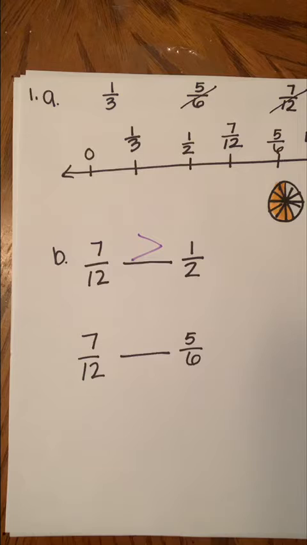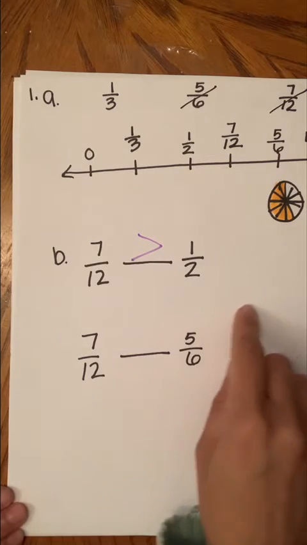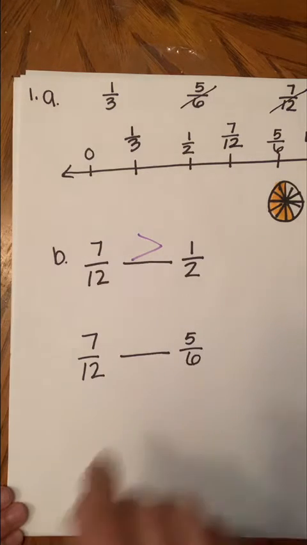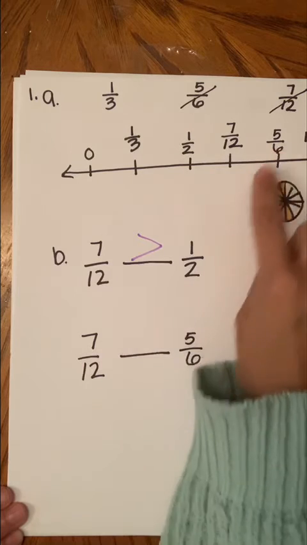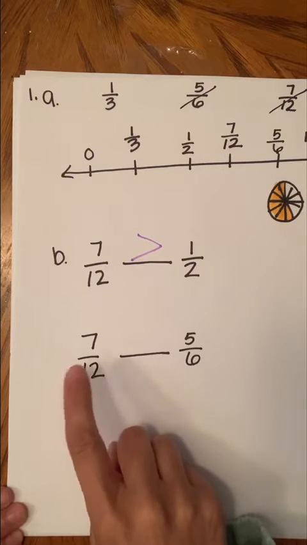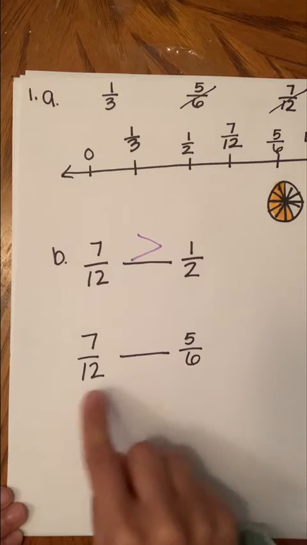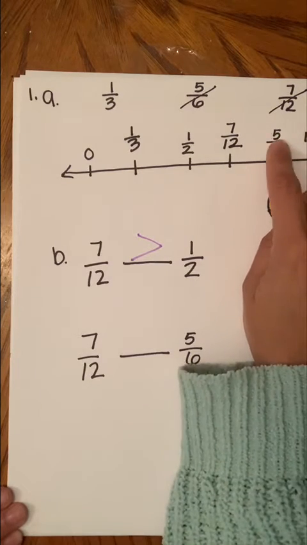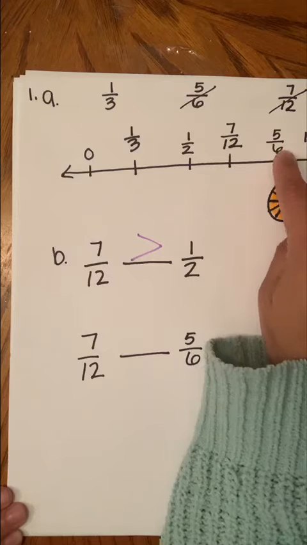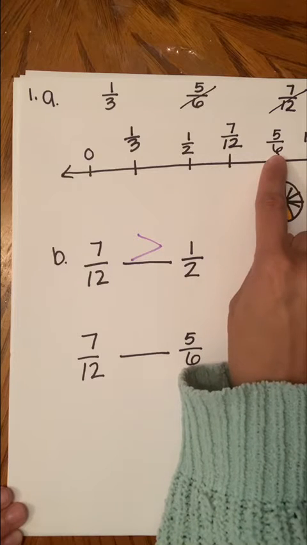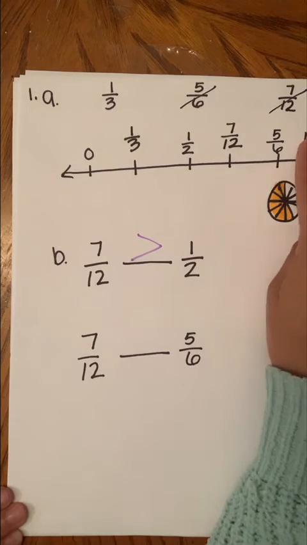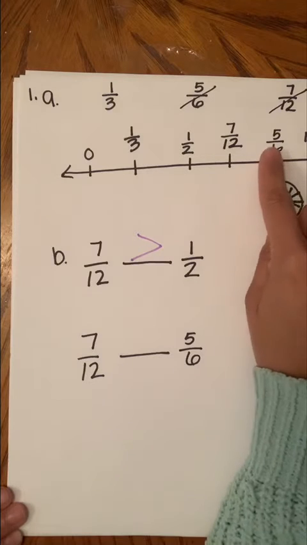And remember, we also said that here for this one, to compare these two, 7/12 compared to 5/6. Remember, when I started, I said that 5/6 is close to 6/6, which is 1 whole.